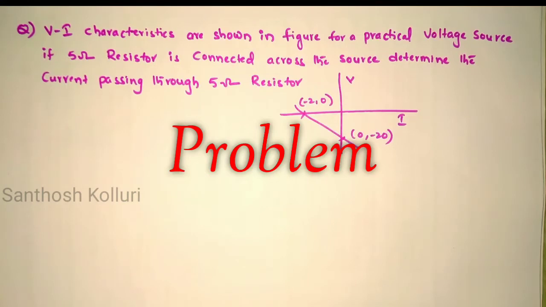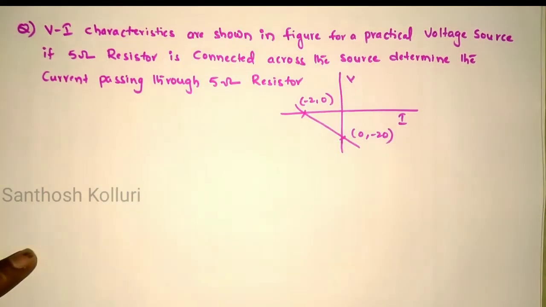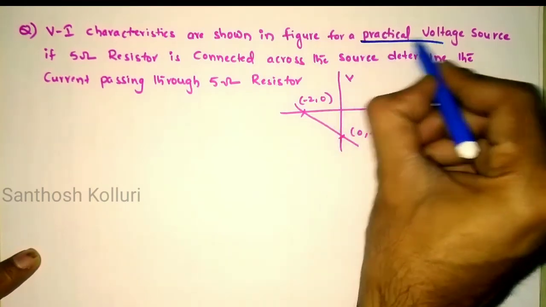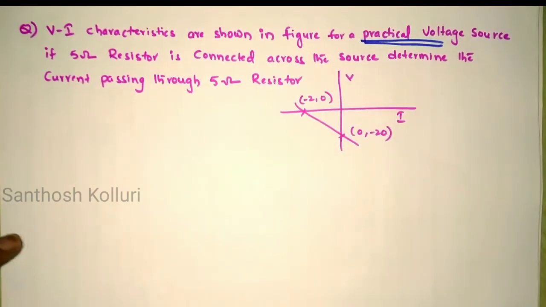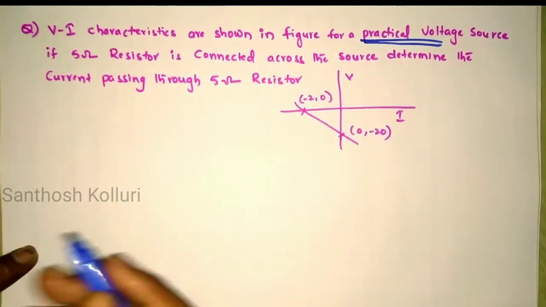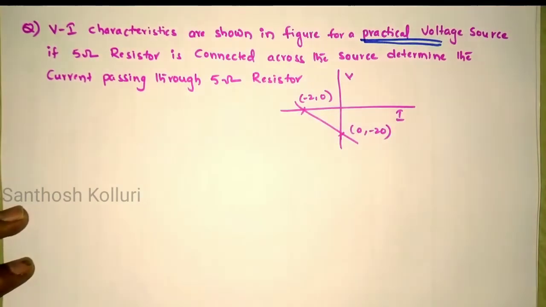We'll discuss a problem related to these voltage sources. In the problem, it has given that the VI characteristics are shown in the figure for a practical voltage source. If a 5 ohm resistor is connected across the source, then determine the current passing through the 5 ohm resistor, and he has given a VI characteristics graph here.